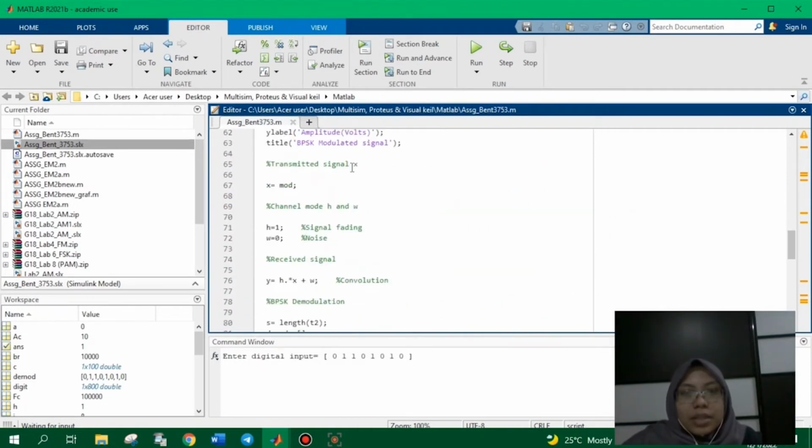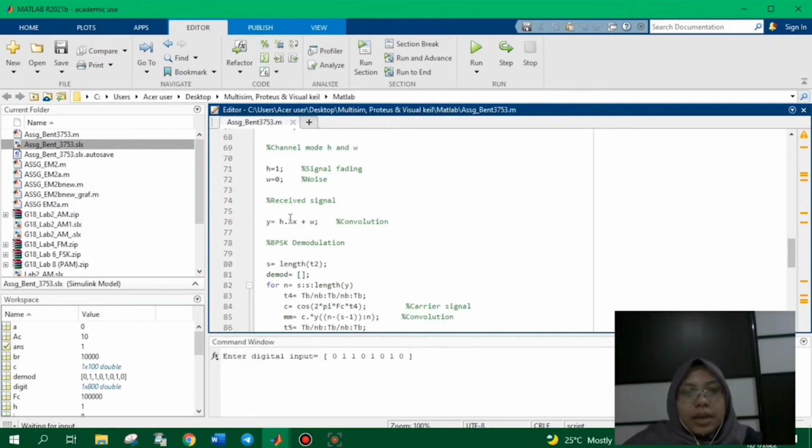Okay, for the transmit signal, we set X equal to the mode, and the channel mode for H and W. We set H equal to 1, where H is signal fading, and W equal to 0, which is the noise.